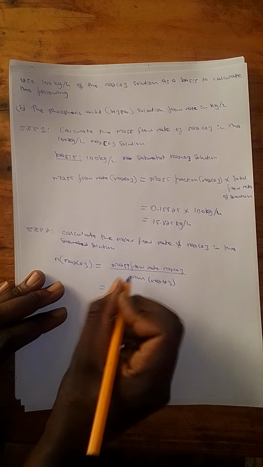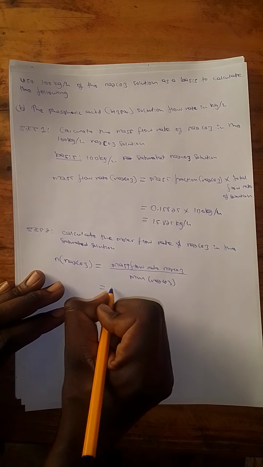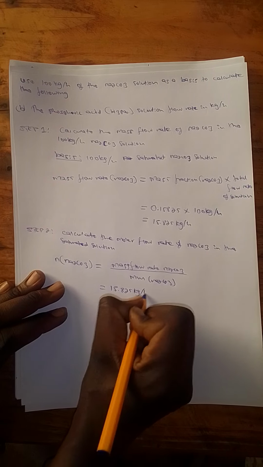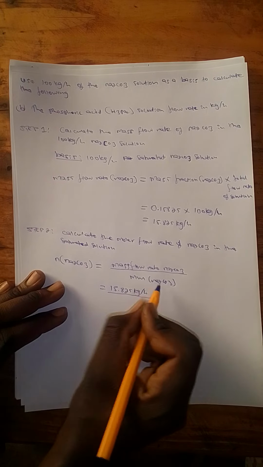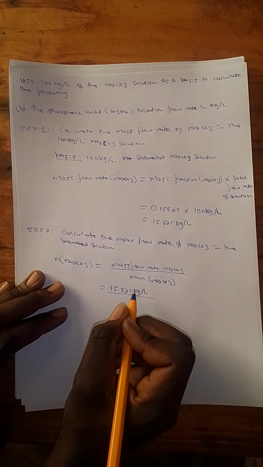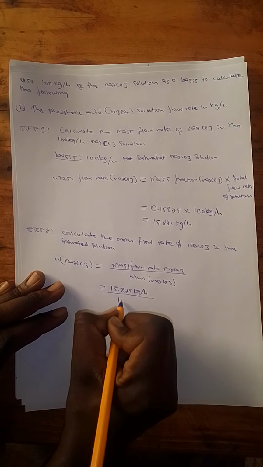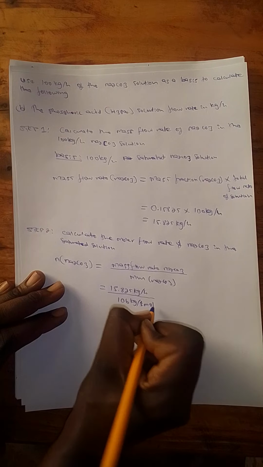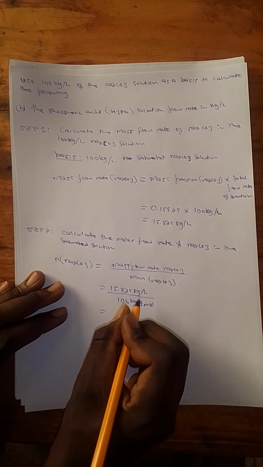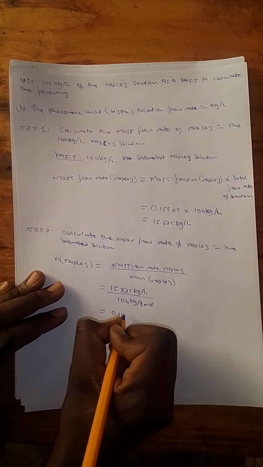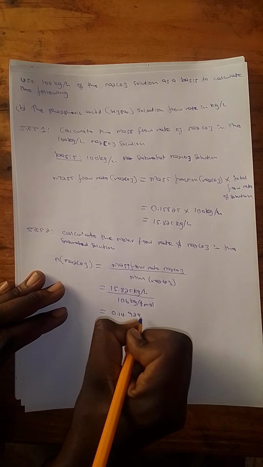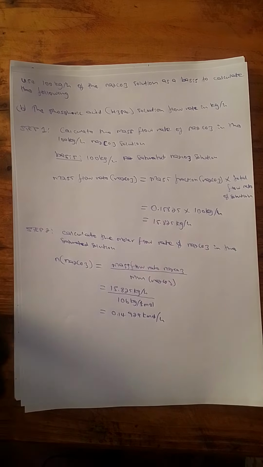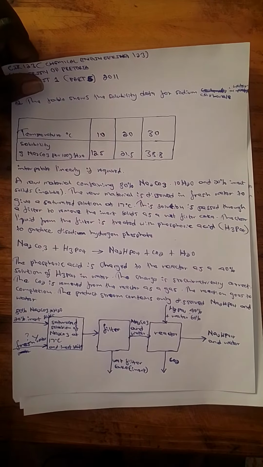We know the mass flow rate to be 15.825 kilograms per hour, and the molar mass of Na2CO3 is 106 kilograms per kilomole. So our answer, when you use your calculator, is 0.14929 kilomole per hour.